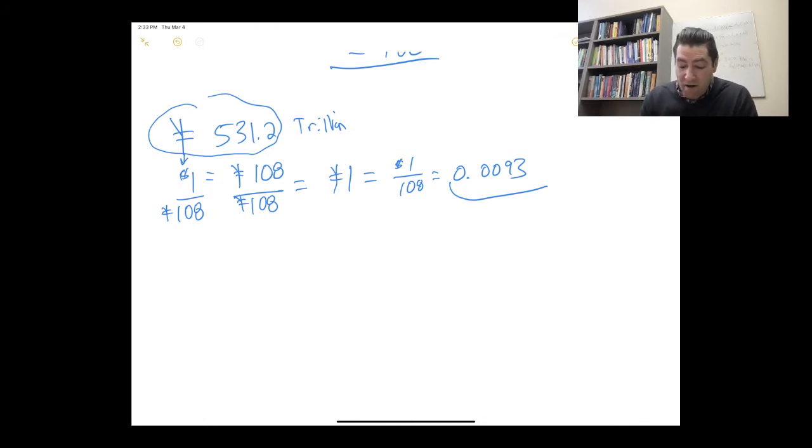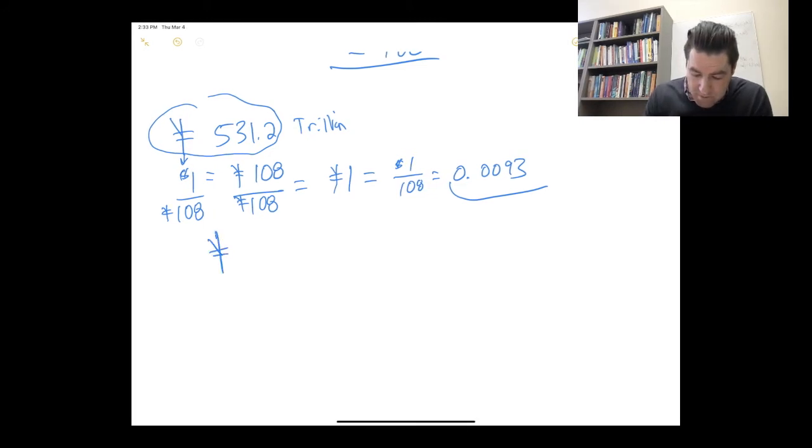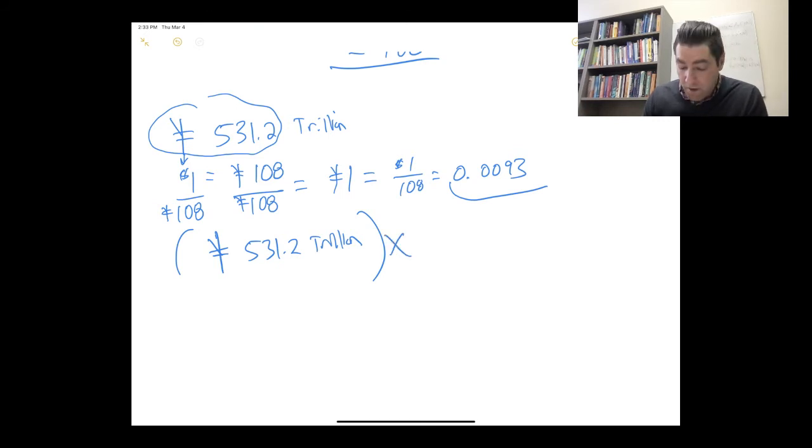So now, since I know how many US dollars per yen, I can take my 531.2 trillion Japanese yen, and I can multiply it by the 0.0093. And that's going to tell me my US dollars.